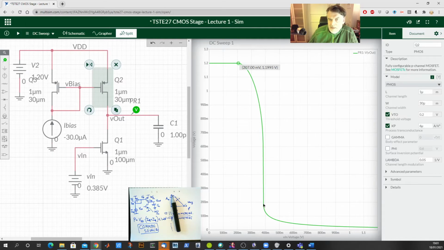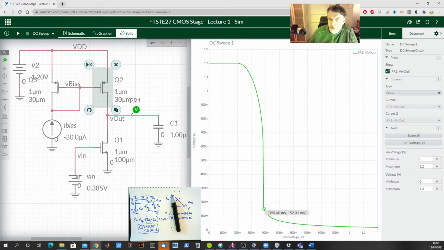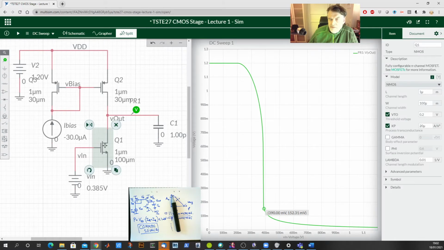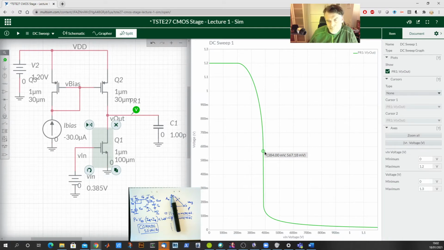So I have really high gain, and then at some point with too high input voltage, too low output voltage, I push this transistor into the linear region, and then it also loses gain. So I should be somewhere here in the middle.